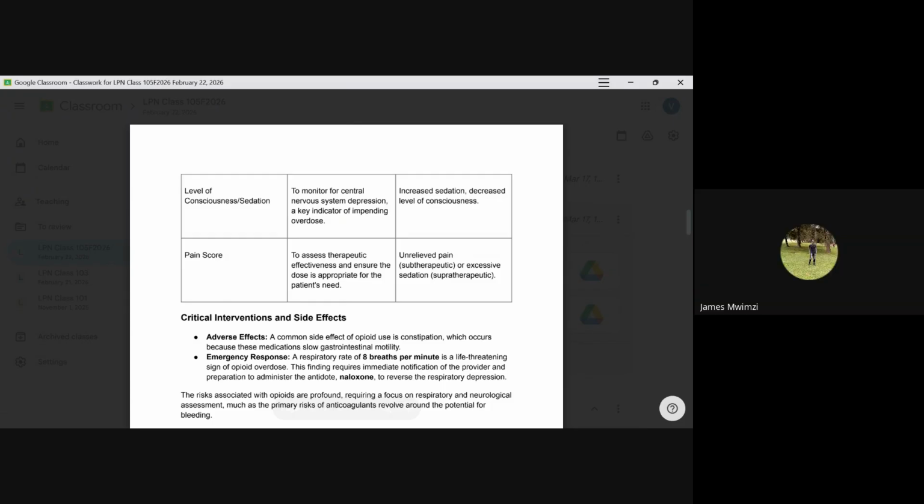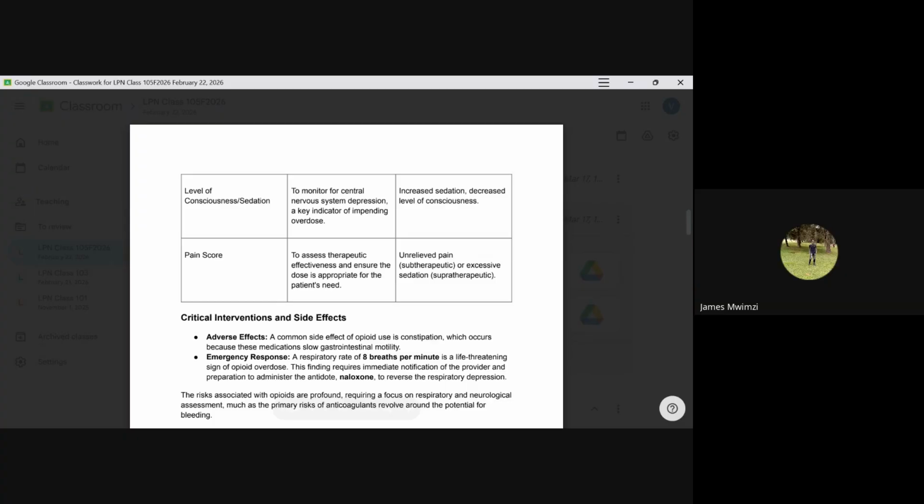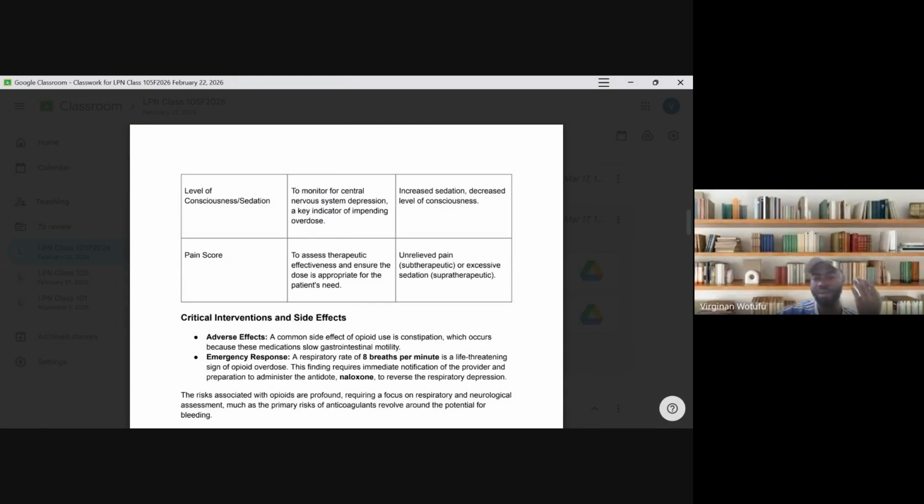Constipation, right? You will notice constipation because of what? Slow gastric motility, right?